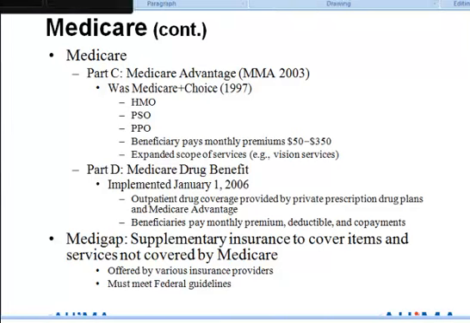Because some items are excluded from Part A or Part B coverage, beneficiaries can go ahead and purchase additional coverage or choose Part C, Medicare Part C, also known as Medicare Advantage, if they choose the Medicare managed care option in order to get insurance.